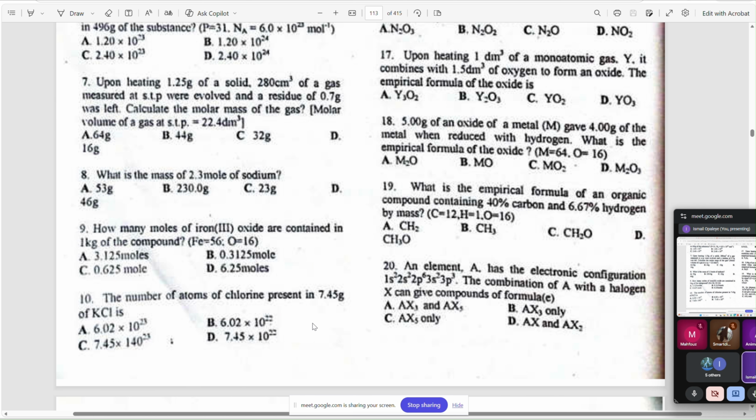Question 7. Upon heating 1.25 gram of a solid, 280 centimeter cube of a gas measured at STP, at standard temperature and pressure, were evolved, and a residue of 0.7 gram was left. Calculate the molar mass of the gas.